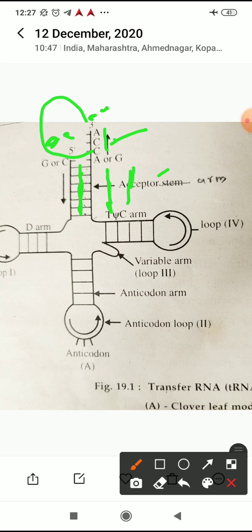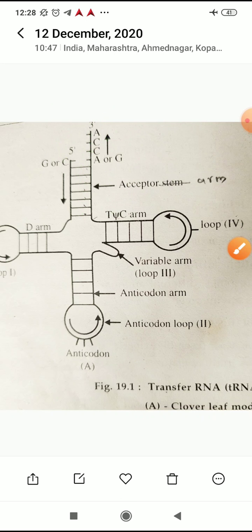So I will show diagrammatically. Amino acid binds like this to this tRNA, and further tRNA, what it does, it is having anticodon and it has sense which codon is specifying him or asking him to come over there and deposit the particular amino acid on the protein synthesizing site, that is the ribosome.